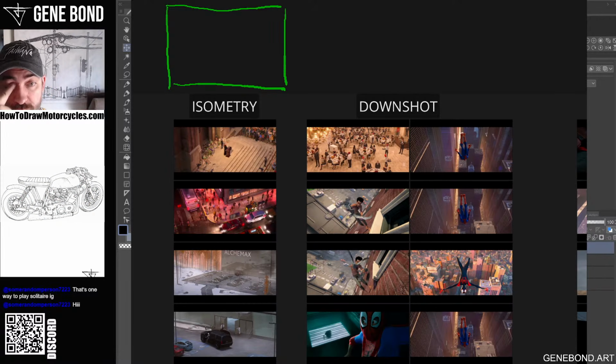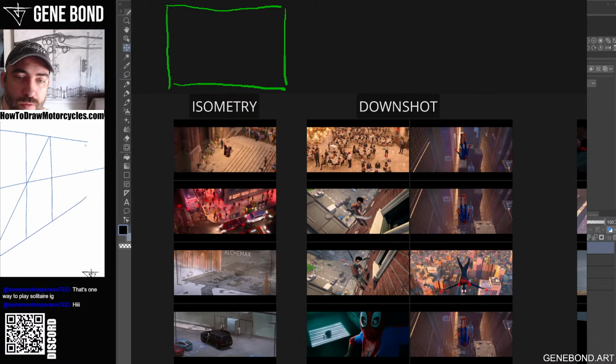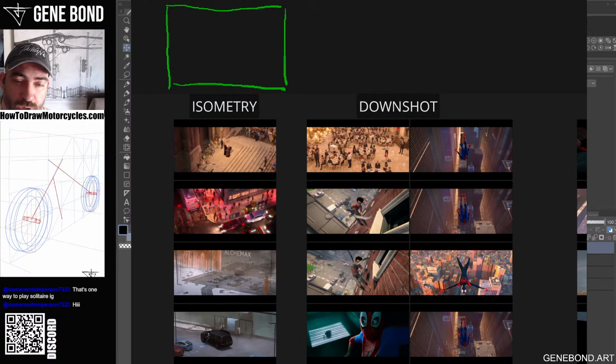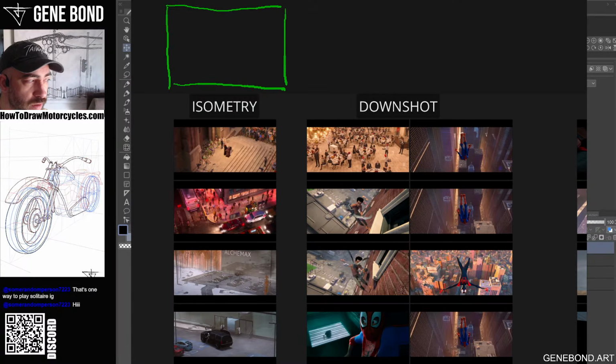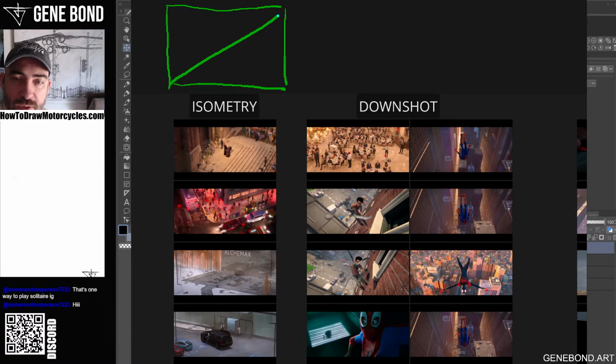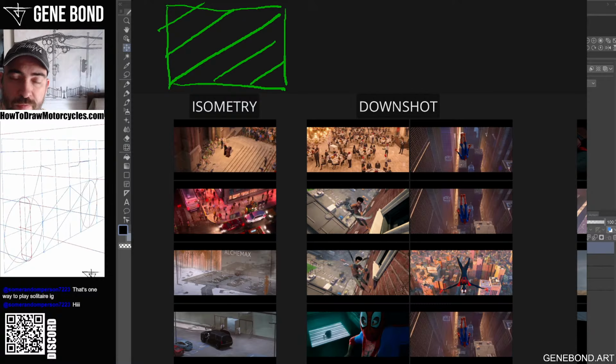So isometry, you see, is where we have three axes, XYZ, and no vanishing points. And sometimes it can be a little convergent, but like the original one in Akira, typical Akira perspective grid. Akira is famous for this perspective grid.